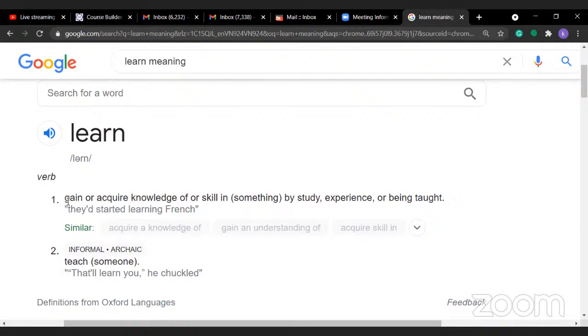The first meaning of learn is to gain or acquire knowledge of or skill in something by study, experience, or being taught.